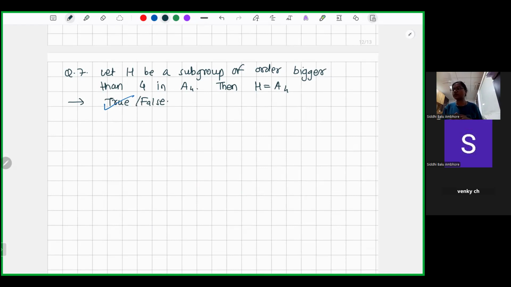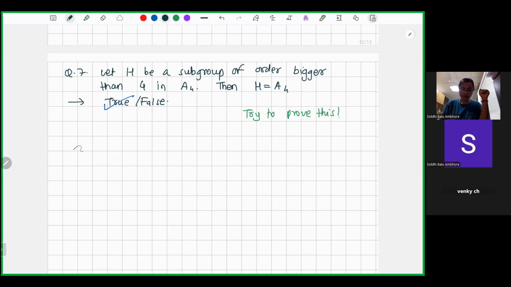Or you can just try to prove this. Try to prove this if you do not know.